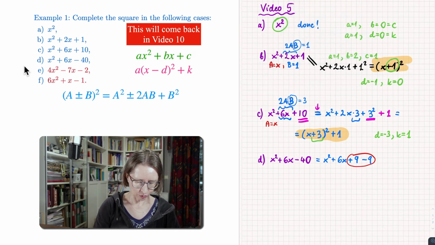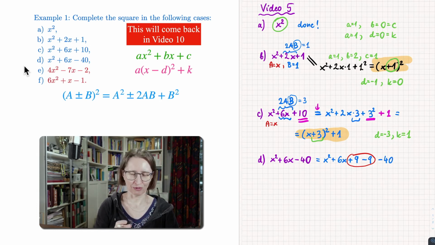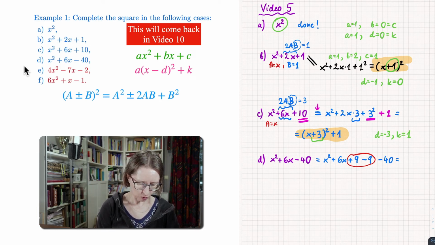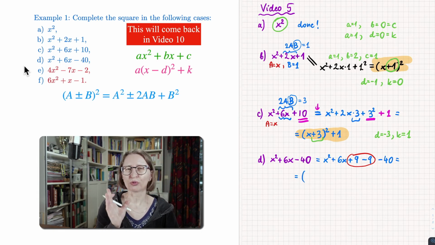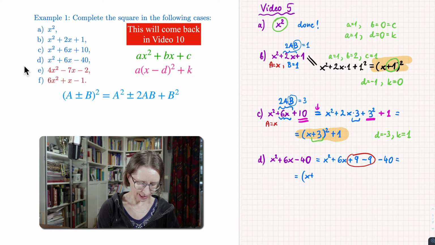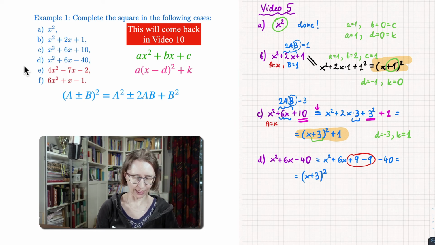And at the end we have to still subtract 40, which was there from the beginning. And now we can group this perfect square together, so it will be x plus 3 all squared, and then at the end minus 40 minus 9 is minus 49.